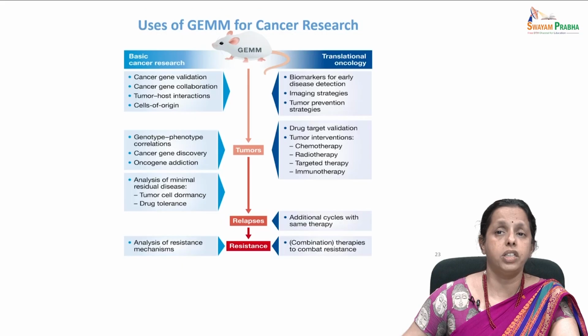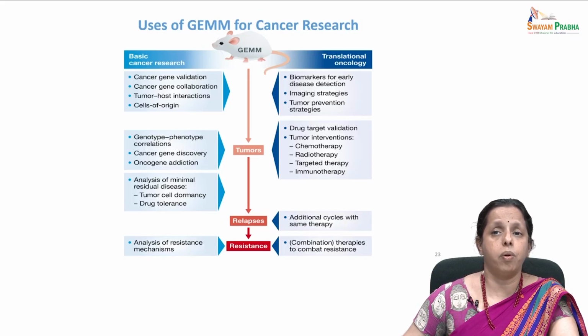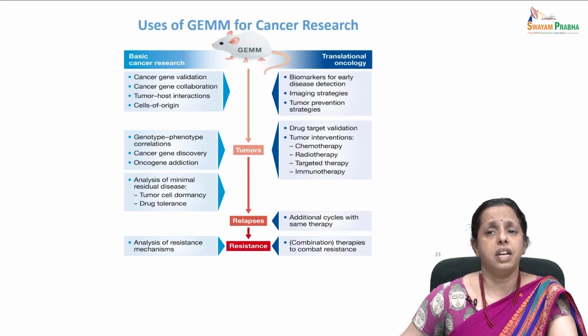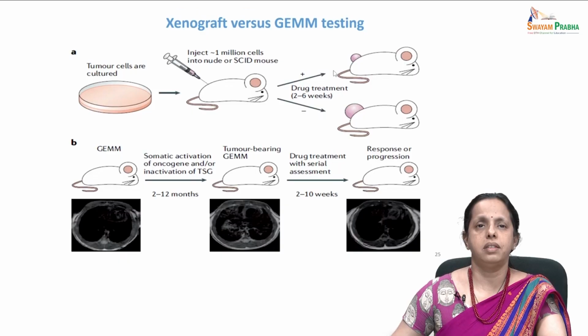The poor correlation between the therapeutic activities of compounds tested in xenograft mouse models and the efficacy in humans does not necessarily mean that they are not good models, but that is why there has been a need for generating GEMs. This diagram represents the comparison between xenograft versus GEM.